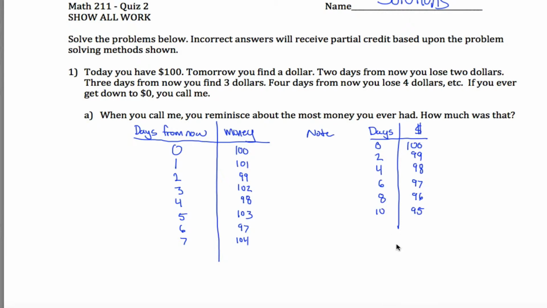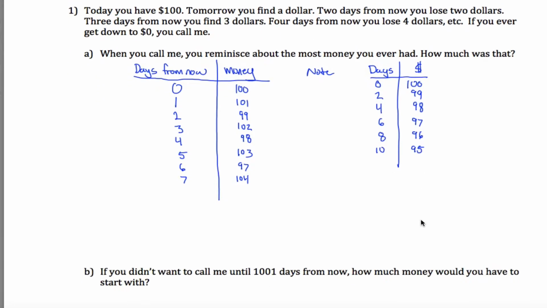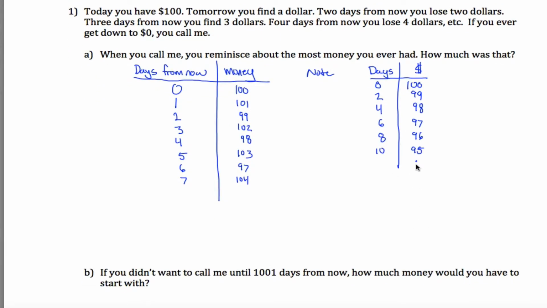So the question then becomes, can you figure out how many days it would take, if we continue this, until you get down to 0? And I think you can.